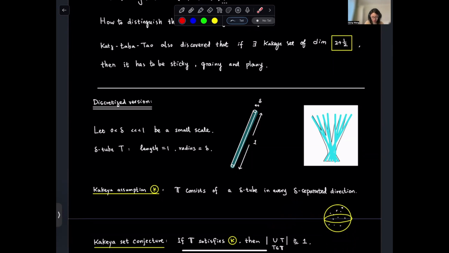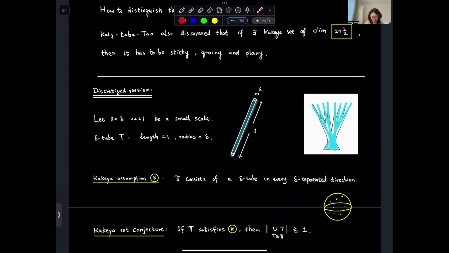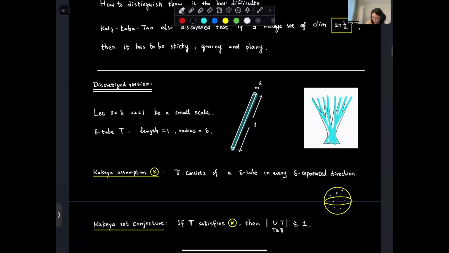Then the discretized Kakeya set conjecture says that if a set of delta tubes satisfies the Kakeya assumption, then the volume of their union is greater approximate than 1.